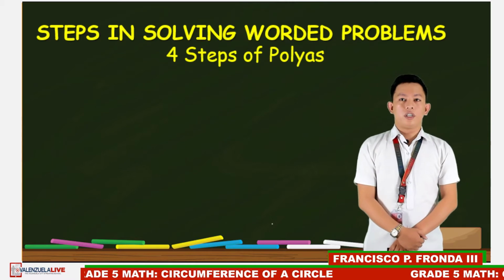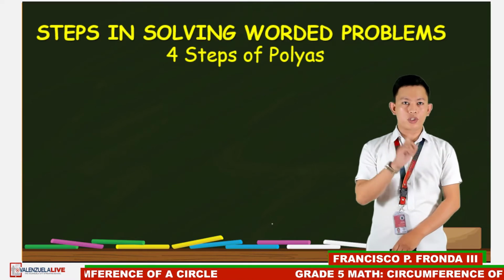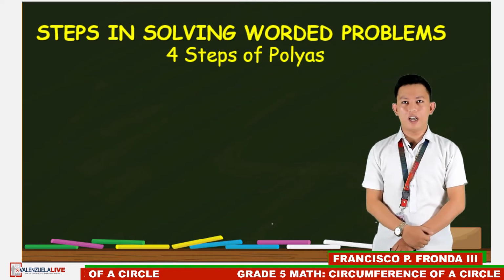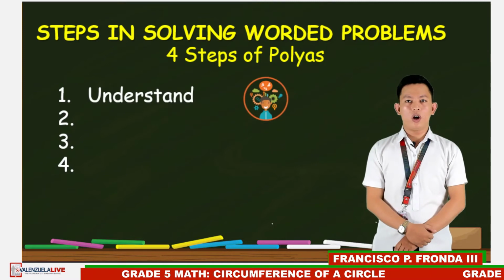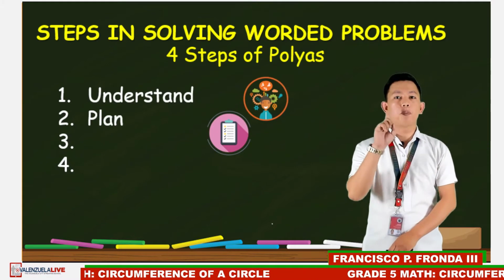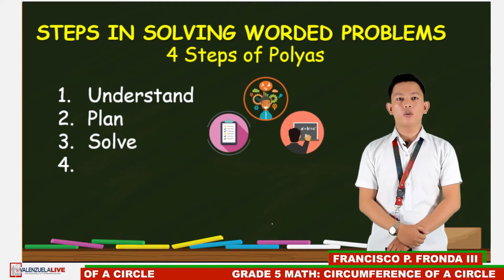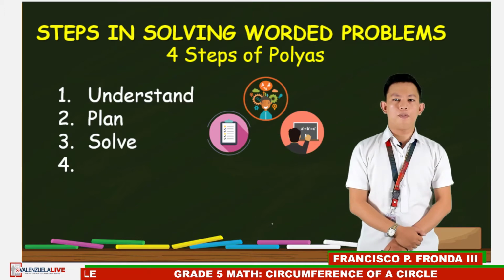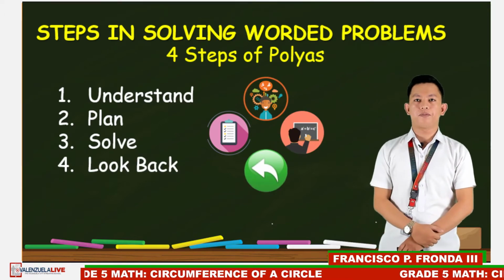Now, here are some steps in solving a worded problem. We're going to use the 4 steps of Polya in problem solving. First, we're going to understand the problem. Second, we're going to plan the problem. Third is we're going to solve the problem. And lastly, we're going to look back or check our answer.